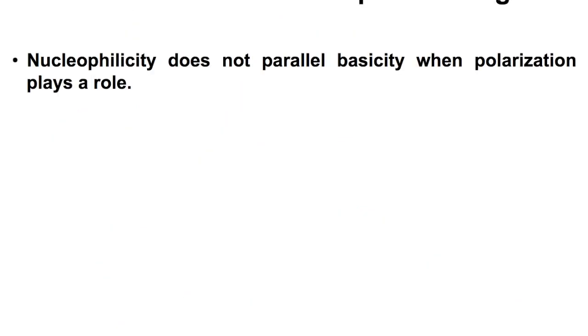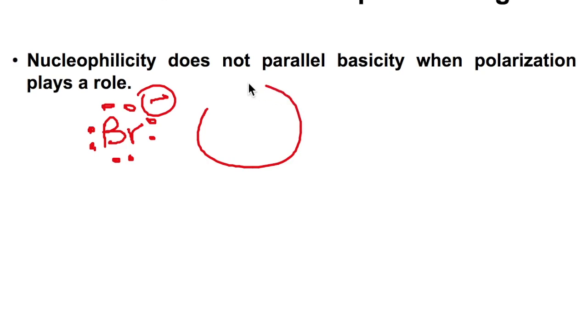Another example of when nucleophilicity and basicity don't go together is when there is polarization. So let's talk about polarization. Imagine that we have a molecule, Br minus. This molecule is going to be really big. So the Br is going to have enough space for the electrons to be all over here, and so they can move around.